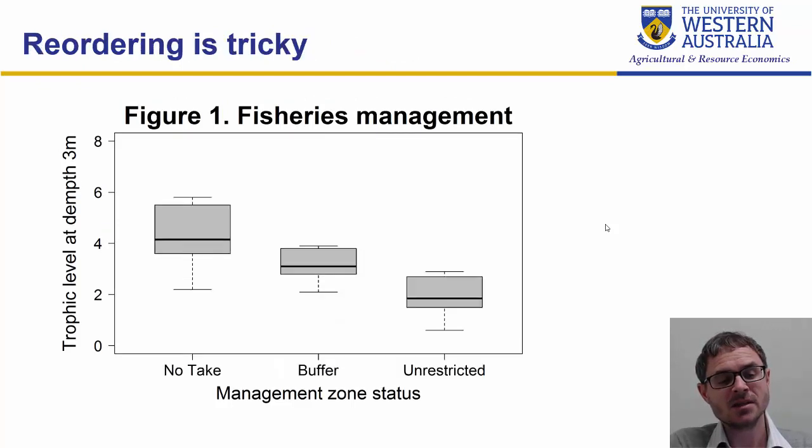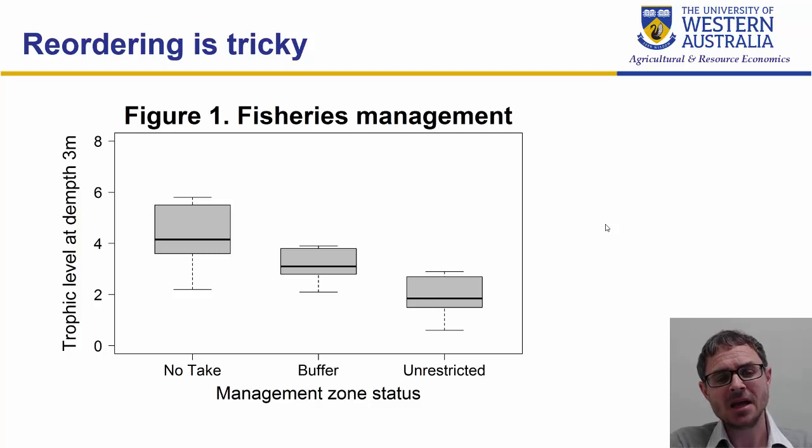And if we ordered them as no-take, buffer, unrestricted, that might look a little bit more convincing that we might find some differences here. So if we look at the no-take zone and the unrestricted zone, I'm starting to think that, yes, maybe there is a pattern emerging from the no-take to the buffer to the unrestricted.